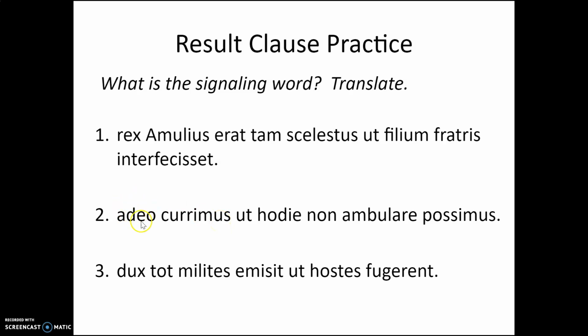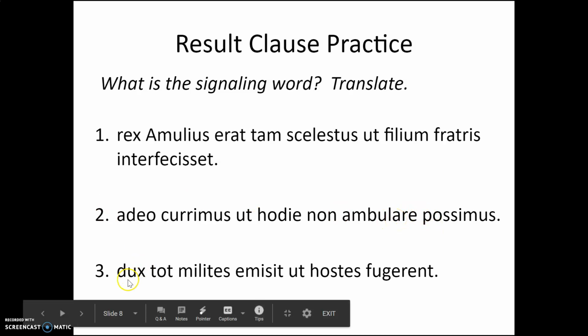Adeo, so much. Ut, that. Hodie, today. Non ambulare possimus, we cannot walk. We run so much that today we can't walk.